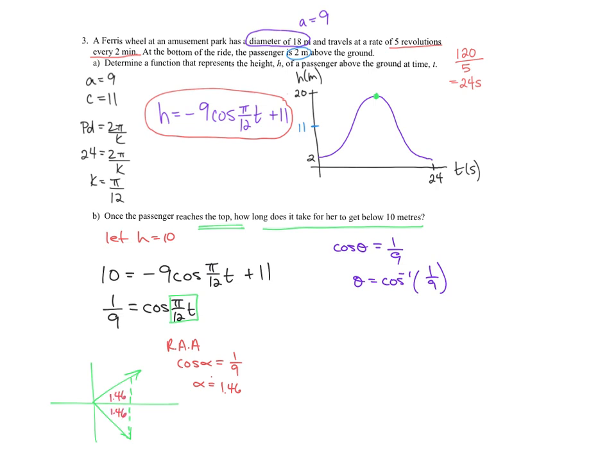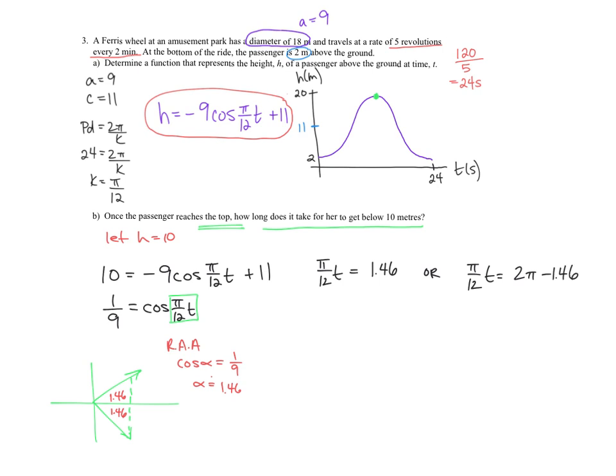So in this case, I am going to have pi/12 t is equal to 1.46, because my related acute angle is in fact one of my answers here because it's in the first quadrant. And then my other option is pi/12 t is equal to 2 pi minus 1.46.